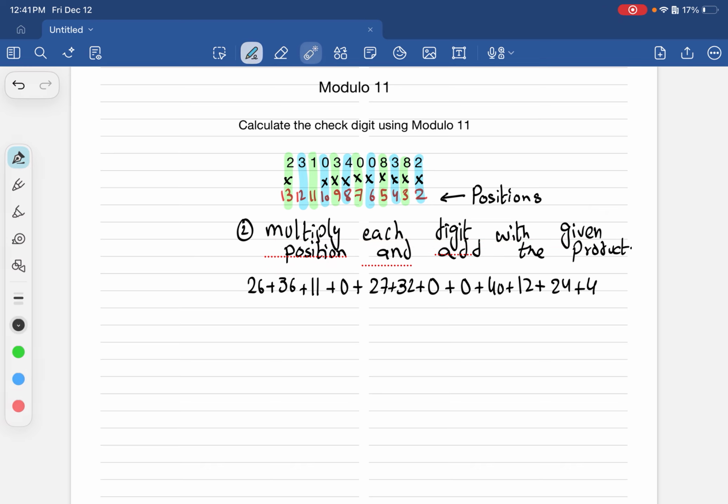Okay, and then the next thing we need to do is add all these numbers together. Okay, so let's add these numbers. So 26 plus 36, that's going to be 62, plus 11, that should be 73.